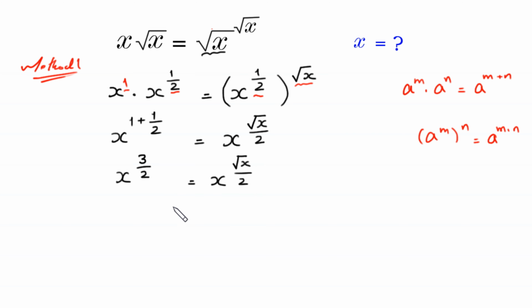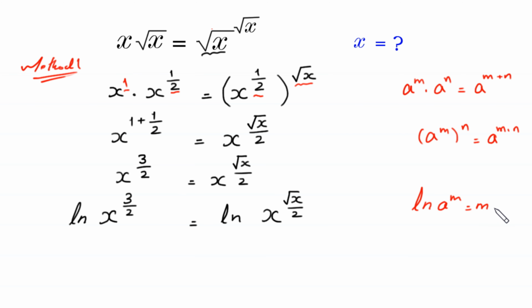Now from here we take a natural log of both sides. ln of x to the power 3 over 2 is equal to ln of x to the power square root of x over 2. Now according to this natural log property, ln of a to the power m is equal to m times ln of a.